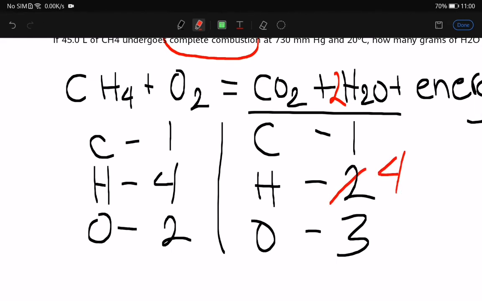Likewise, this will be 4 as well. And so, because I need 4 oxygen now, lalagay din ako ng 2 dito, because 4 divided by 2 is 2. So, this will make it 4 as well. So, do I have a balanced equation now? Yes? Okay. So, I think we can proceed.